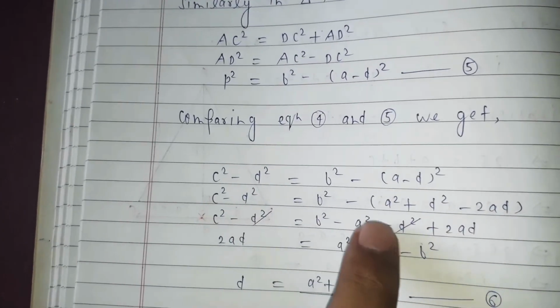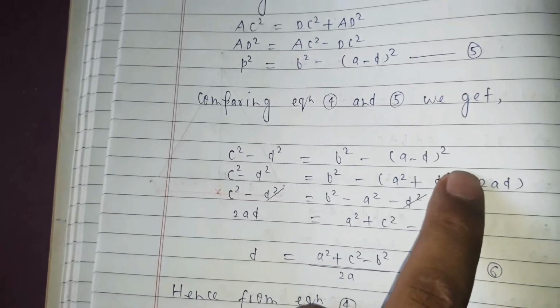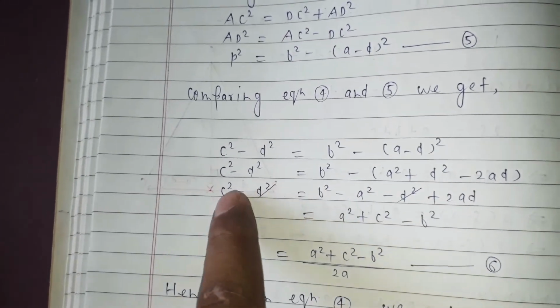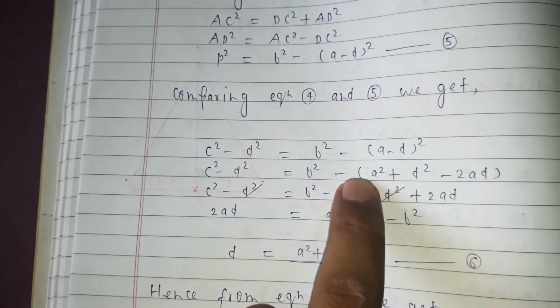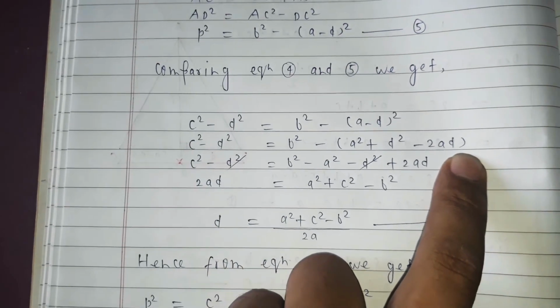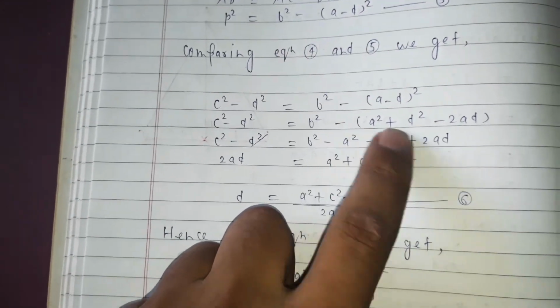Now again, we will expand this with the formula of (a minus b) whole square. So it becomes c square minus d square equal to b square minus a square plus d square minus 2ad. Again when we open this bracket, sign will change.